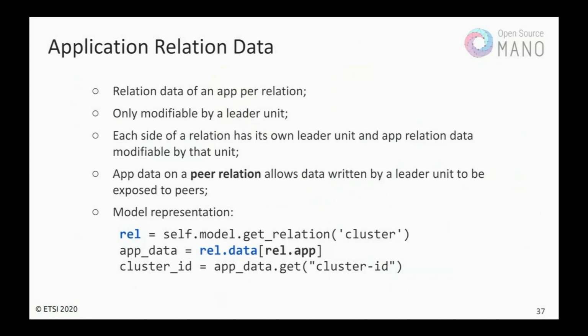Here, application relation data effectively accesses data of a leader unit for a particular application. And you can access that using the model object provided by the operator framework. As you can see here, you get a relation, get to the data of a particular application, and you either get or set a specific value.